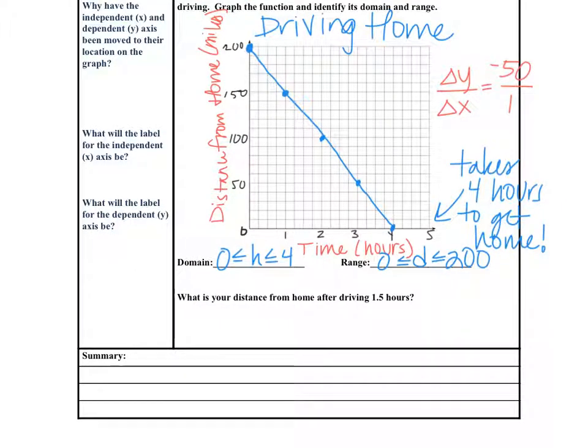Okay, to answer this question, I would encourage you to use your equation. So use the equation that you were given, that the distance is 200 minus 50t. If I'm asking 1.5 hours, oh, did I mess that up? It's minus 50, isn't it? Yeah, there we go.